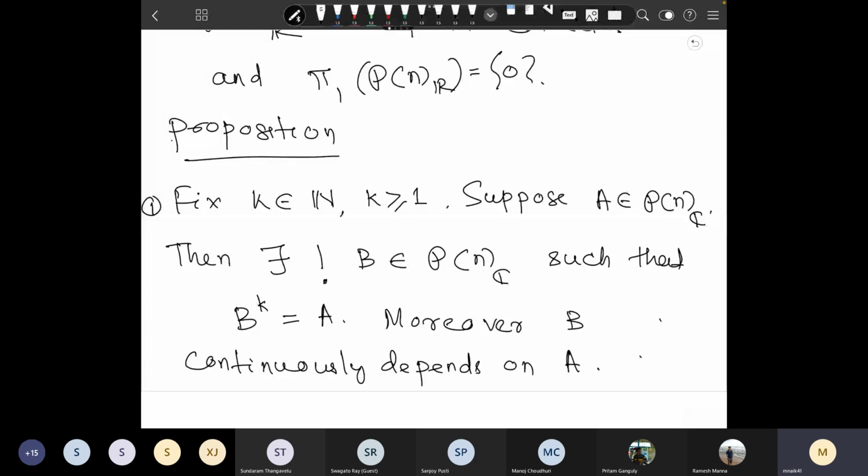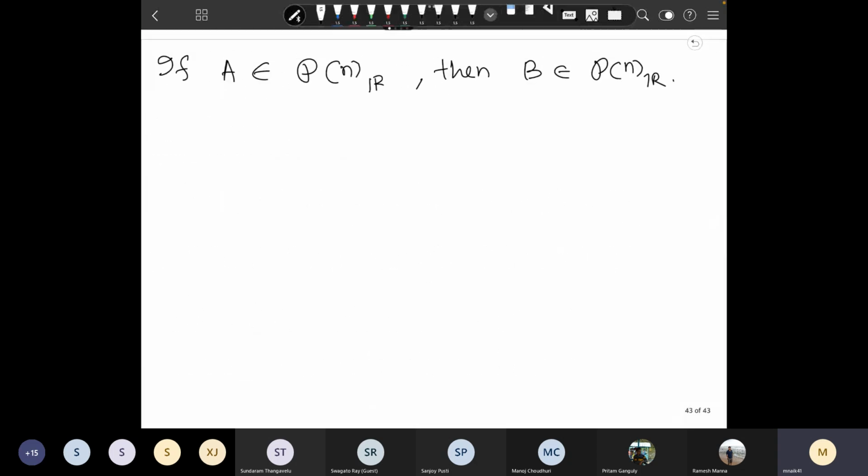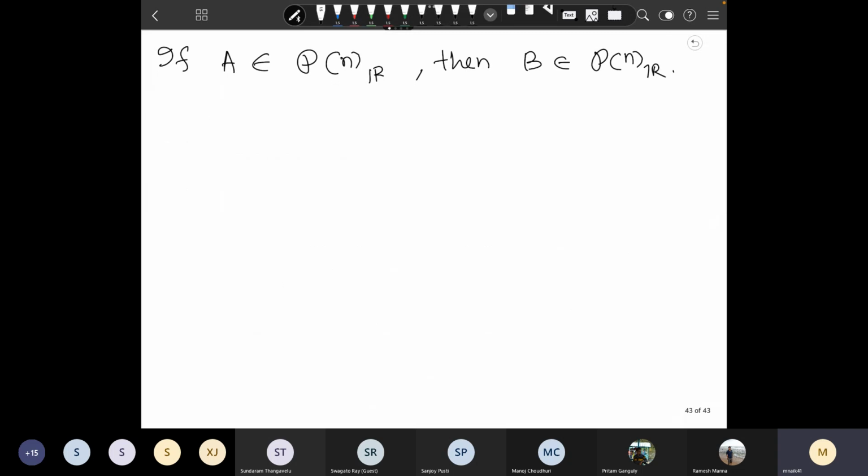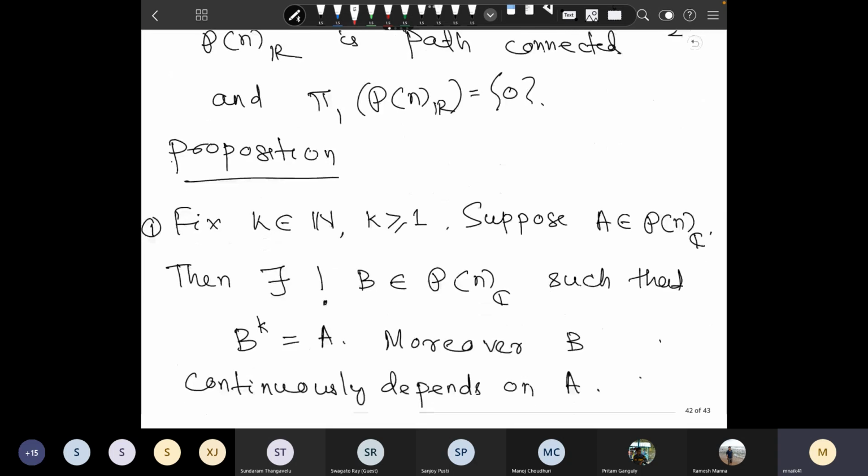So the statement is: A is a positive definite matrix, so there exists a unique B belonging to P_n(C) so that B to the power k is equal to A. Moreover, B depends continuously on A. And last, if A is a real positive definite matrix, then B is real. This is the symbol for unique, I hope you know.